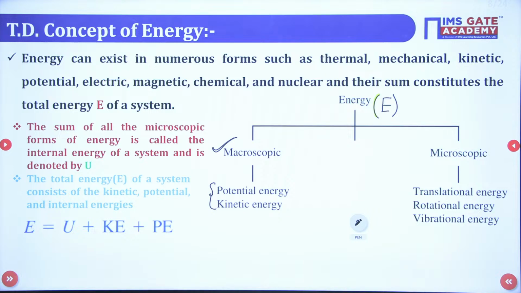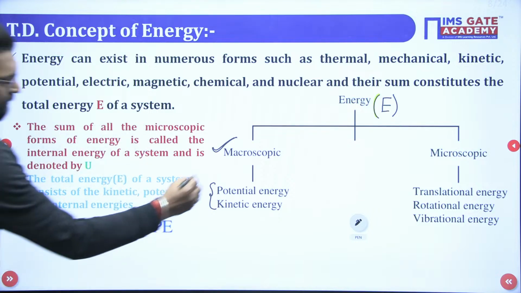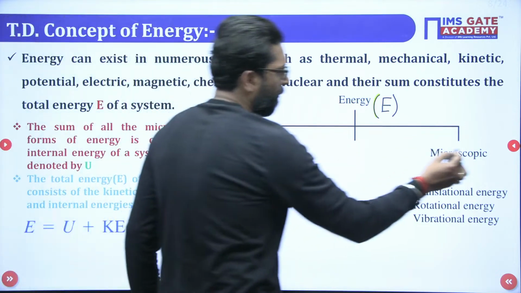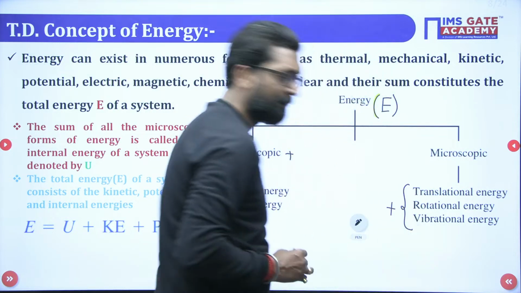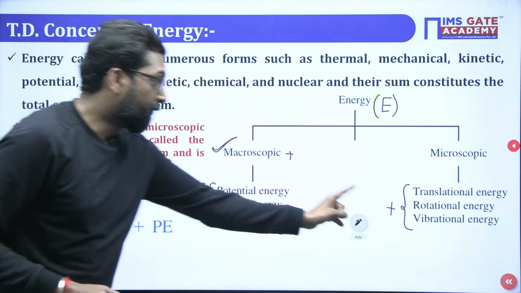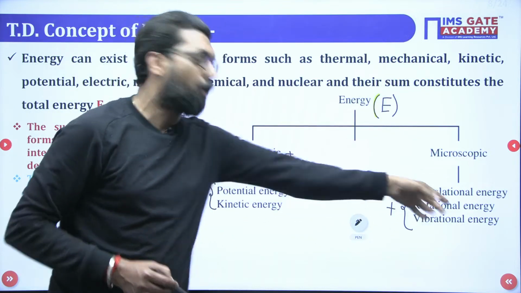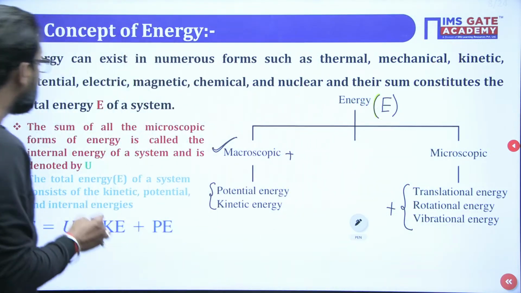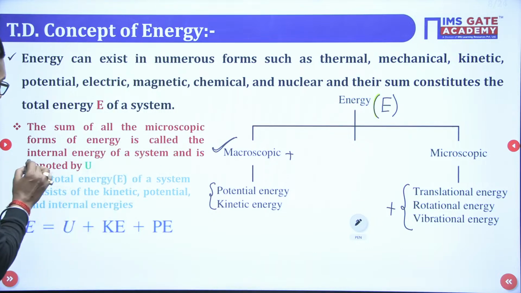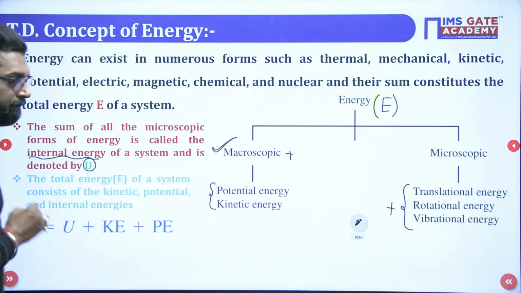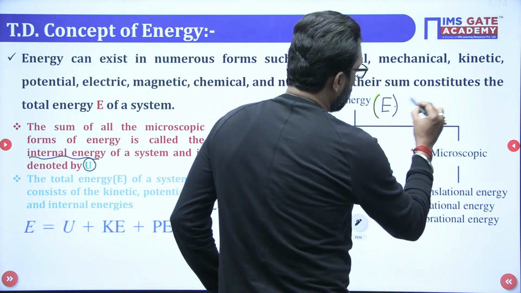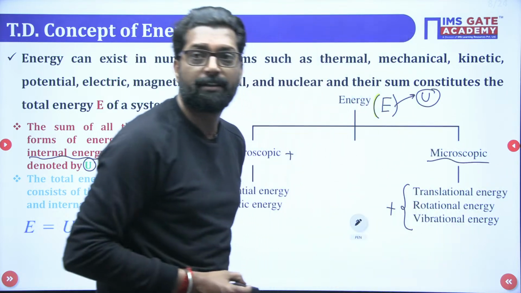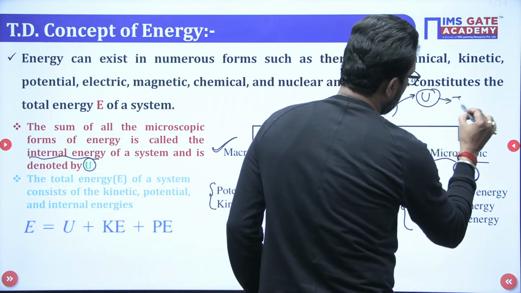Now, my dear, if you add all the microscopic forms of energy, not macro, we are talking about micro, that is called the internal energy of the system, U. So E is the energy of the system, and one component of it is U. U is associated with the microscopic form of energy, that is called internal energy.